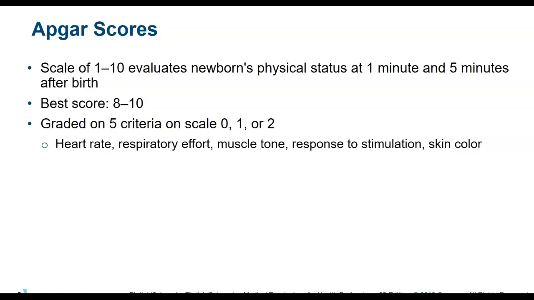APGAR scores are a scale of 1 to 10, and they're done at 1 minute and 5 minutes after birth. You want a score of about 8 to 10 for both. There are 5 criteria, and you get a 0, a 1, or a 2 for each.